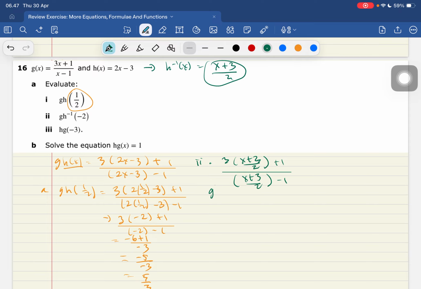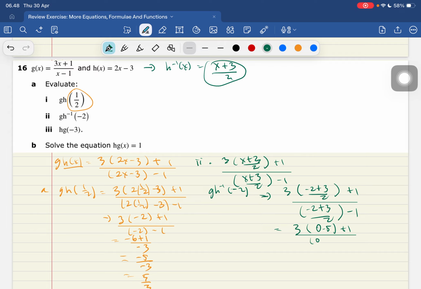So here is G H inverse of minus 2, we can just substitute it. So 3 we multiply by minus 2 plus 3 divided by 2, and plus 1. Another one is minus 2 plus 3 divided by 2, we minus it by 1. So 3 we multiply by 1 over 2 or 0.5, plus 1.